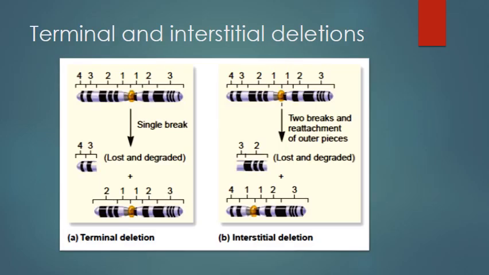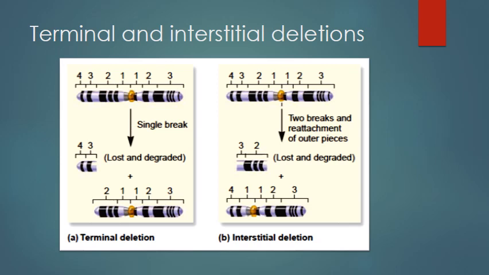The loss of genetic material in a deletion tends to be detrimental to an organism. A chromosomal deletion occurs when a chromosome breaks in one or more places and a fragment of the chromosome is lost. As in the figure, on the left side is the terminal deletion. A normal chromosome has broken into two separate pieces. The piece without a centromere is lost and degraded.